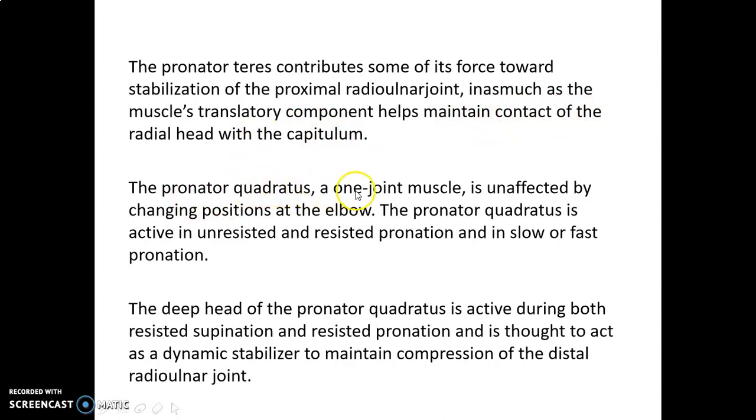The pronator quadratus, a one-joint muscle, is unaffected by changing positions at the elbow. It is active in unresisted and resisted pronation and in slow or fast pronation. It has no role at the elbow joint, whereas the pronator teres, being a two-joint muscle, has a secondary role at the elbow and a primary role in the forearm.